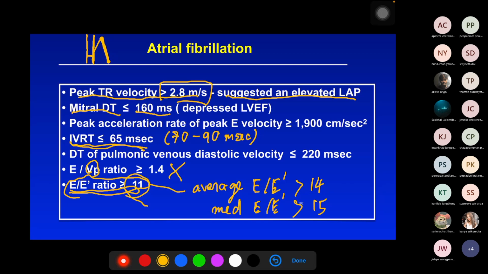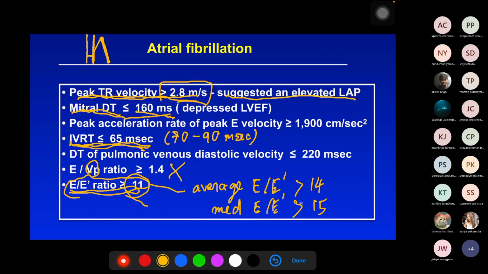And we should also look at DT less than 160 milliseconds, IVRT less than 65 milliseconds, and peak TR velocity over 2.8. We cannot use only a single parameter to be specific about diastolic dysfunction or elevated LV filling pressure in atrial fibrillation.